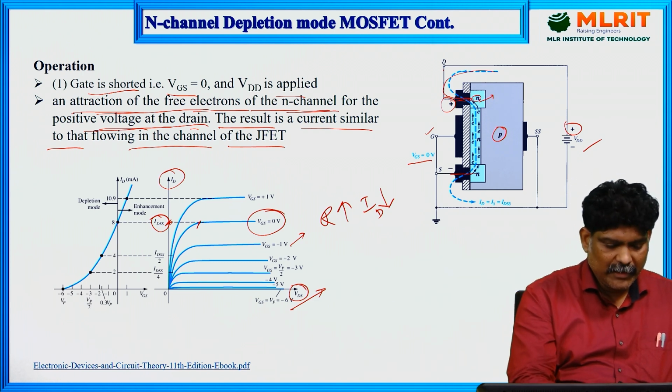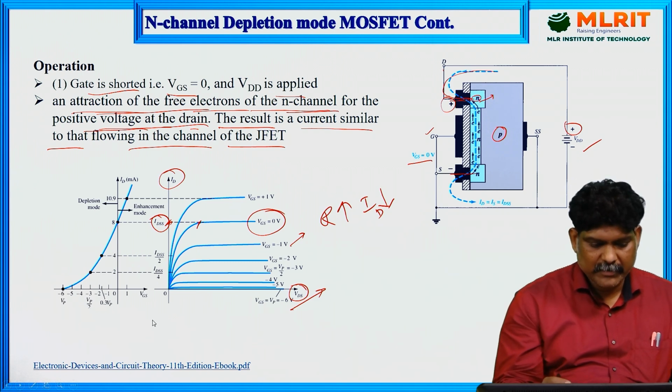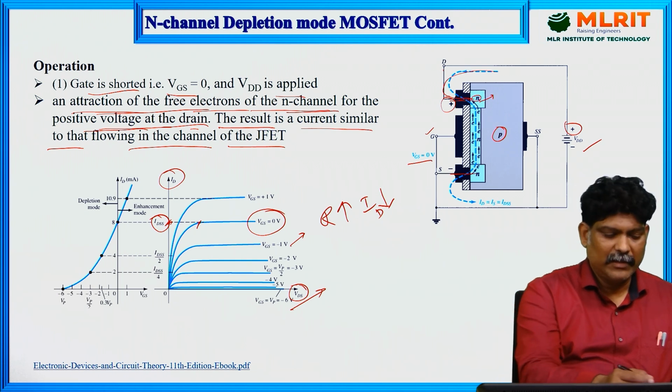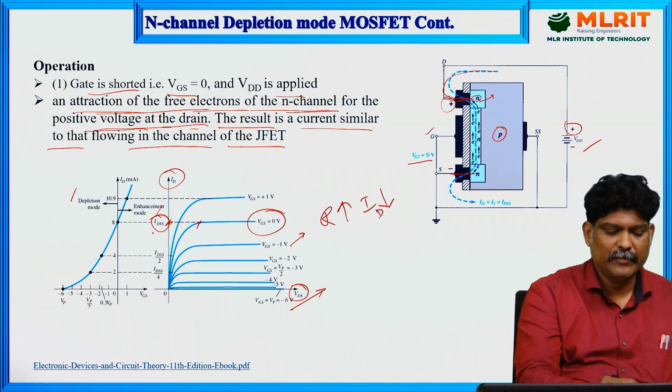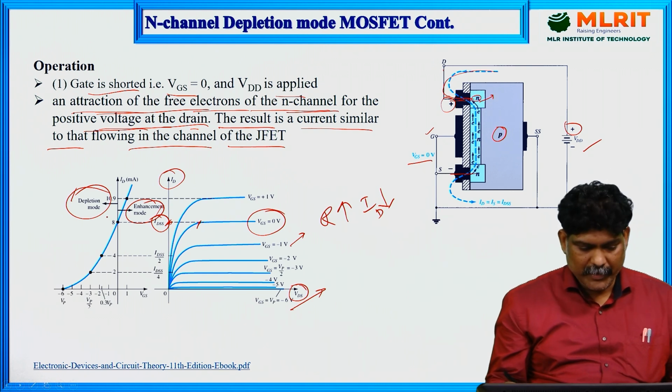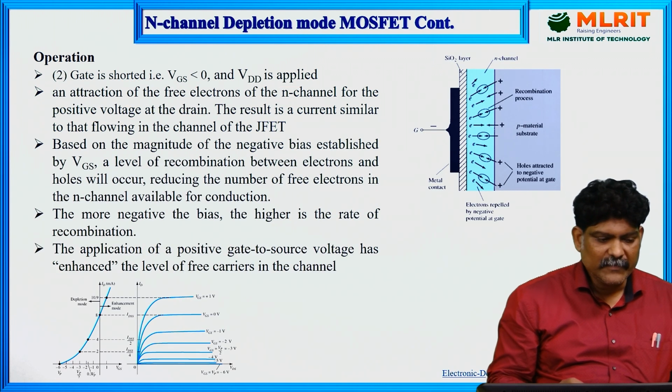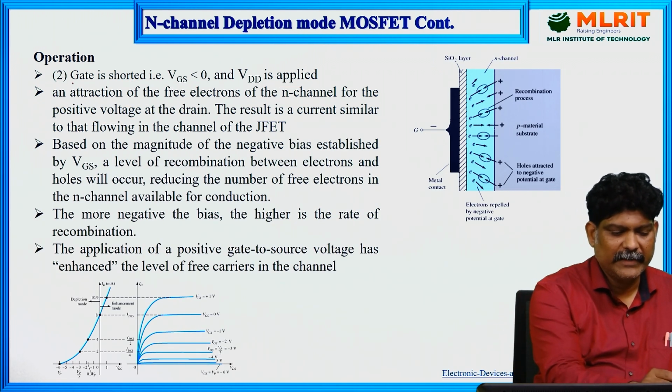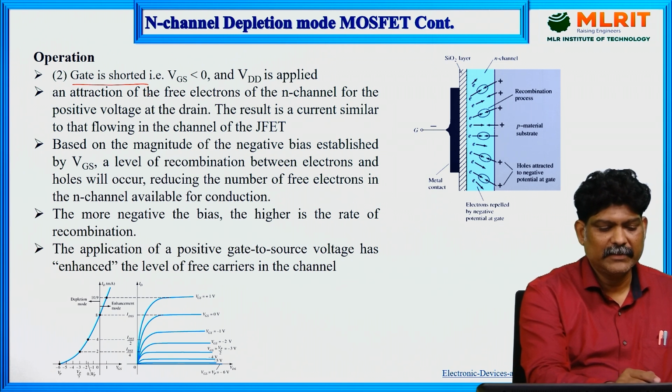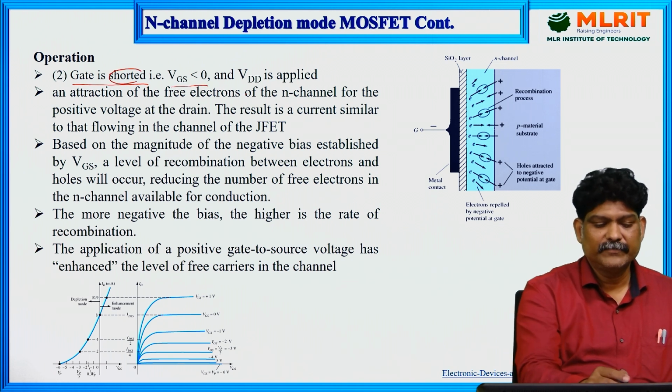Similarly, for the next case there are two conditions: depletion mode and enhancement mode. This is the depletion region and this is the enhancement mode operation. Coming to the second case, when the gate voltage is less than 0 volts, VDD is applied.